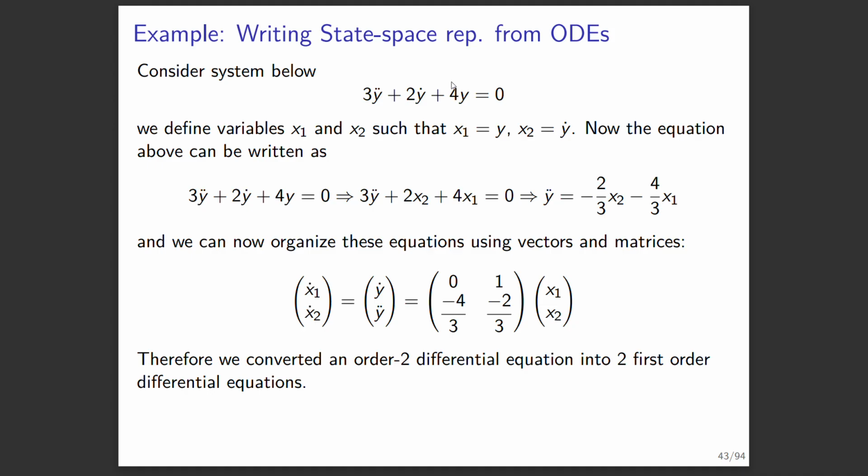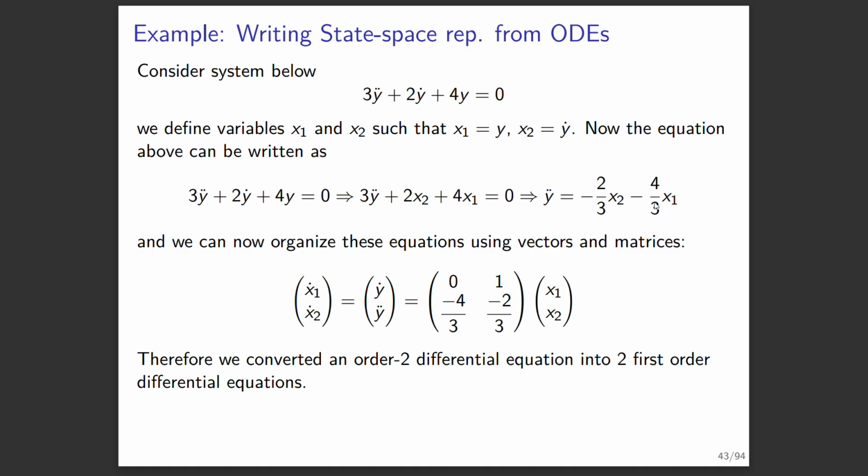Now I bring everything to one side of the equation, and so I'm going to write 3y double dot equals to, so here you see I'm substituting, y would be x1, y dot would be x2, so then I bring them to the other side, I'm going to have y double dot, and I'm dividing both sides by 3, I'm going to have y double dot is negative 2/3 x2, negative 4/3 x1.